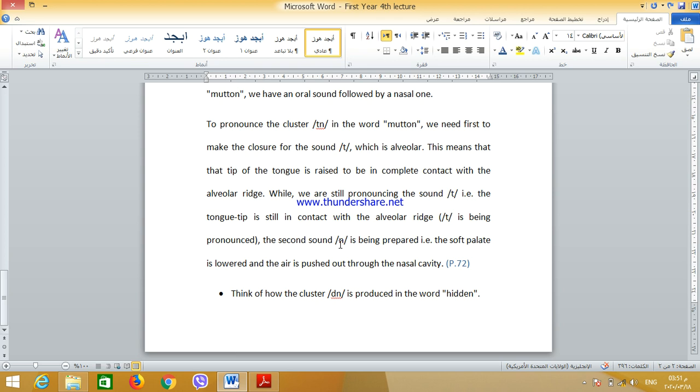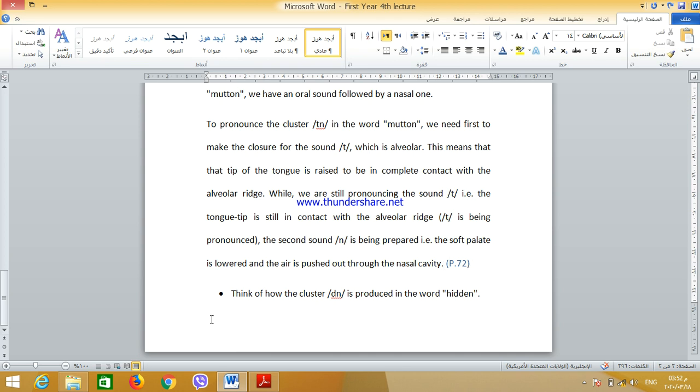What kind of preparation we need to do here is to start lowering the soft palate, because you know that ta is an oral sound in which the soft palate is raised and the air only goes through the oral cavity, while in na sound, which is a nasal sound, the soft palate should be lowered so that the air can go out through the nasal cavity. In this case, the release we have is going to be a nasal release.